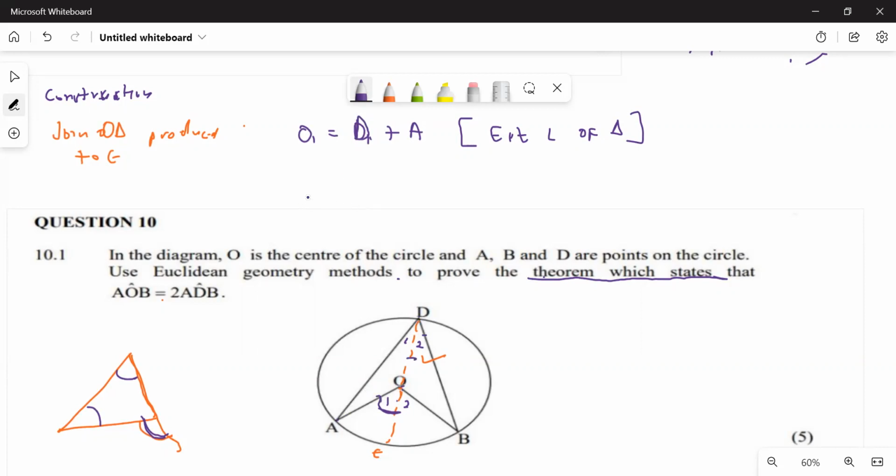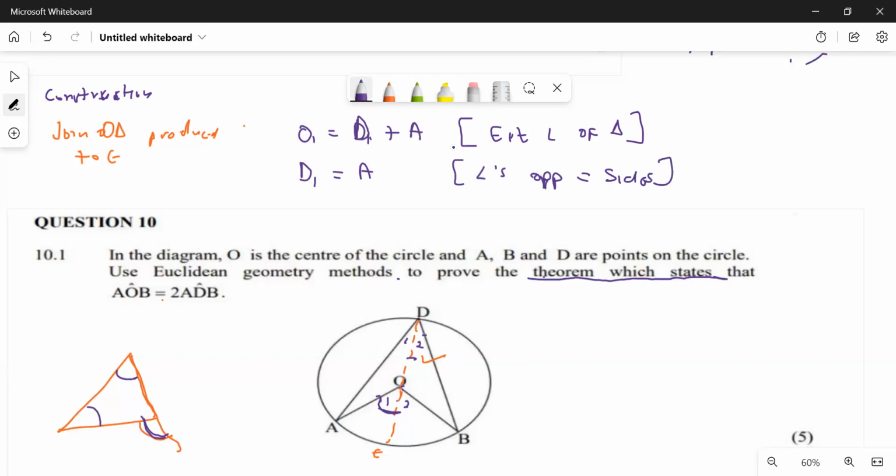Therefore D1 is equivalent to angle A. When they ask why, we tell them it's because angles opposite equal sides are equal.